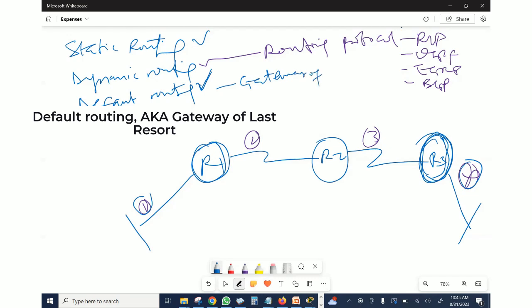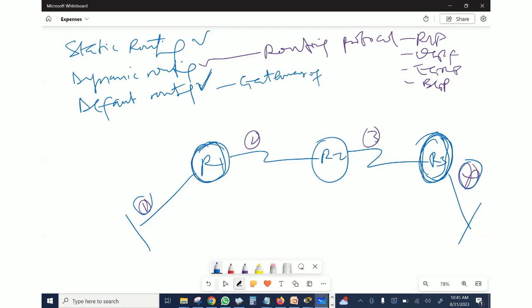We use this very well in a small network environment to connect that environment to the internet. In default routing, all you are telling the router is just one thing with your configuration: router 1, if anybody tells you that they are going somewhere that you don't know, just send that traffic to this particular place.